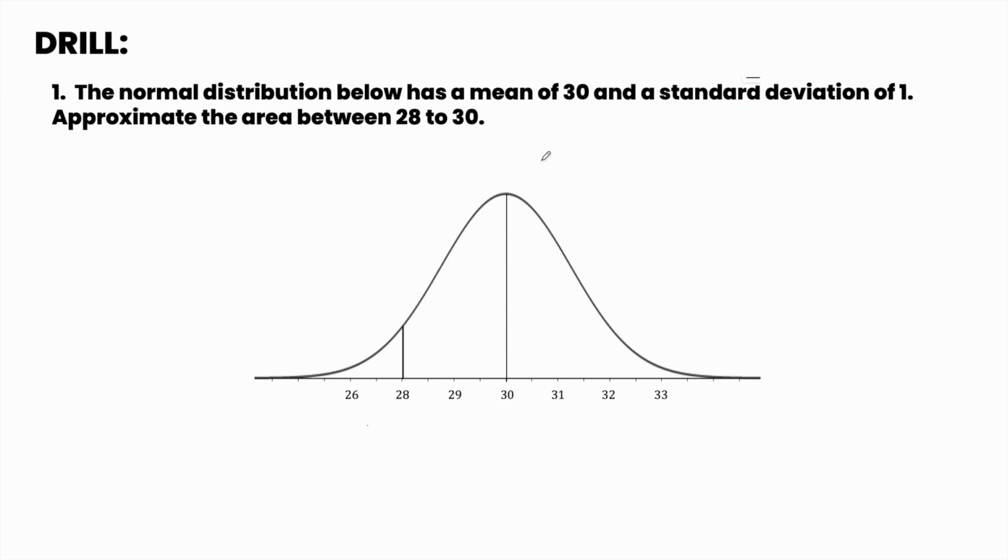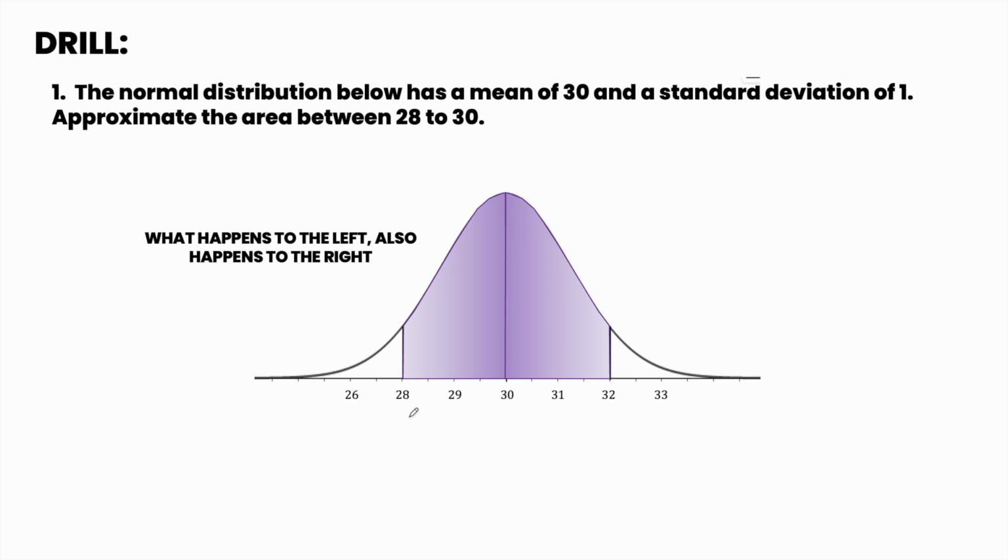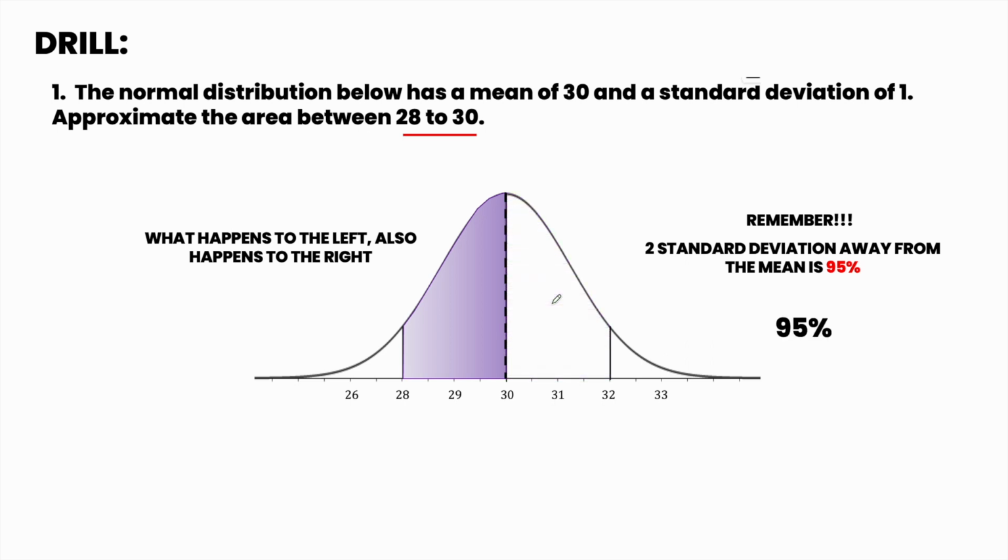So let us have our line segment from 28 since we're going to start from this value. Now, what happens to the left also happens to the right. Remember, 2 standard deviations away from the mean is 95%. Since we are looking for 28 to 30 only, we're going to divide this into 2 equal parts to eliminate this region. So we have 95% divided by 2.